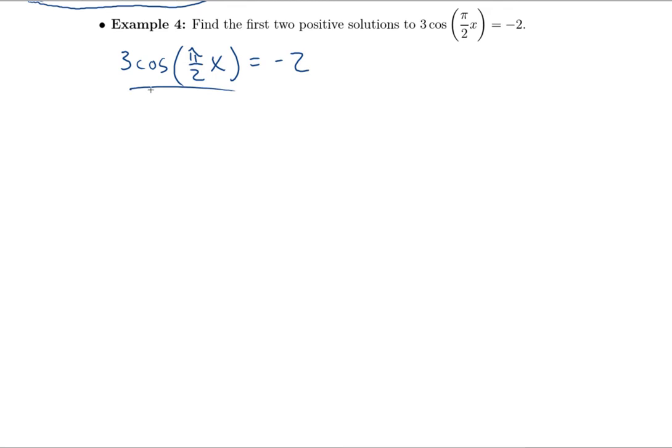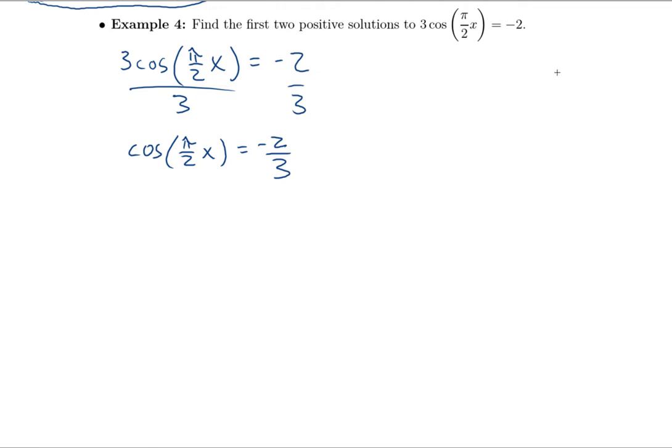So we can of course divide by 3 on both sides. So I have the cosine of pi over 2x equals -2/3. Now at this point, -2/3 is not a special value at all. So now we have to take a little bit different strategy.